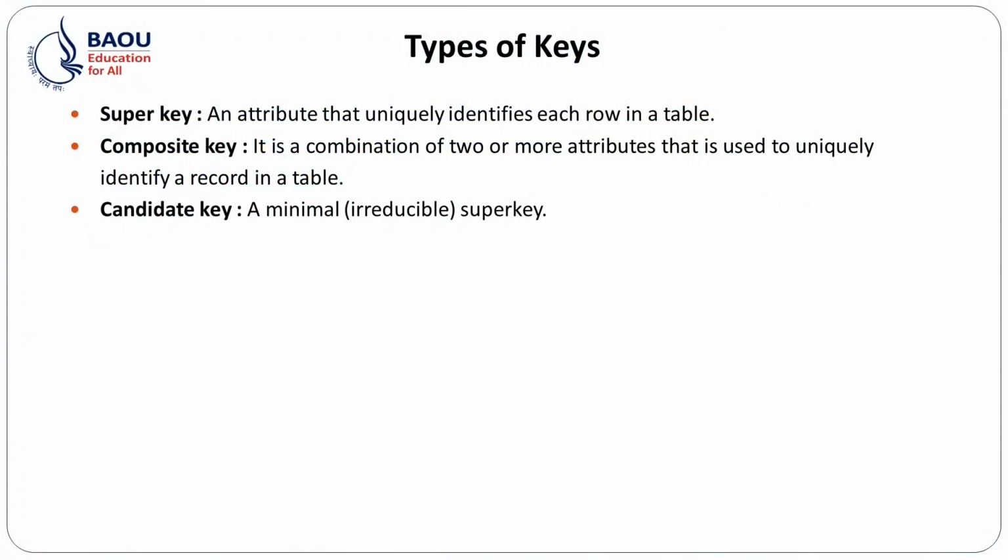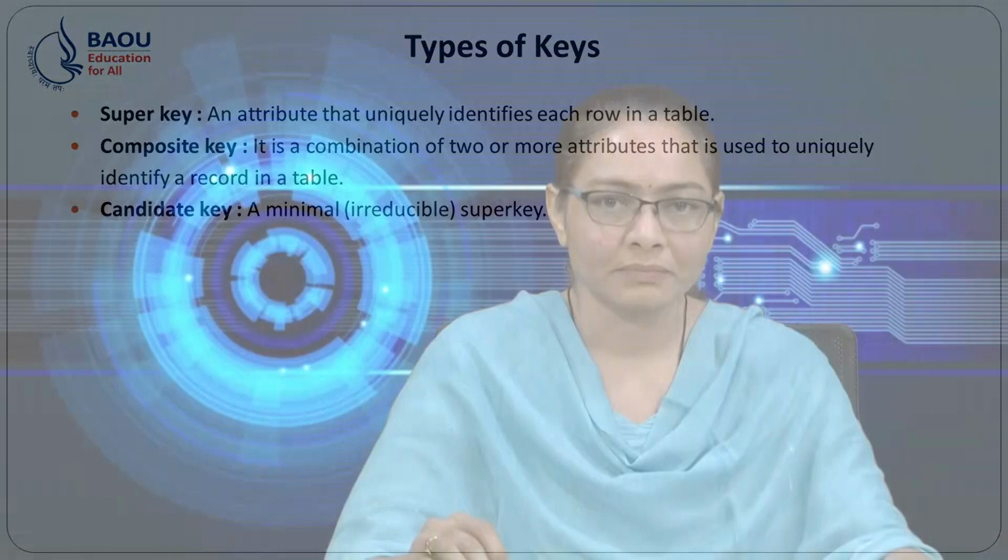Now, what is a candidate key? A candidate key is a minimal super key or irreducible super key, meaning the super key has no proper subset that is also a super key. For example, roll number is individually enough to identify the unique records in the table, or only phone number is individually enough to identify the unique records in the table.